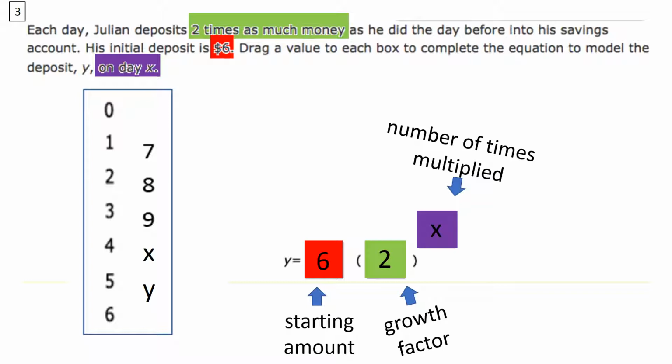Now, there's an argument to say that, hey, if we're going to start on day 1, that our starting number wouldn't be 6, but would be 3. Why? Because if this was a 1, if we wanted our first amount to be 6, it would have to be 3 times 2 to the 1. It's not real clear if our first day is day 1 or day 0. This is the way I would go.